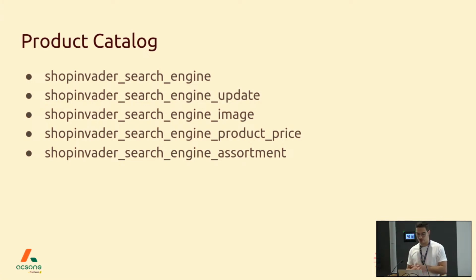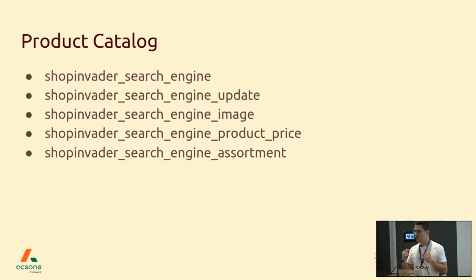And finally, you need a mechanism to decide what products should appear on your website and what products should not appear. For that, you have, for example, Shopinvader Search Engine Assortments. So you will work with domains and link some product assortments to your search engine index.